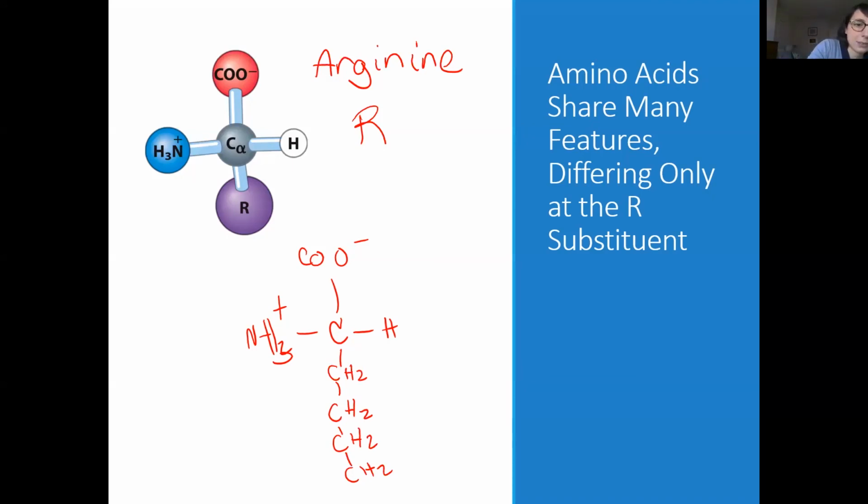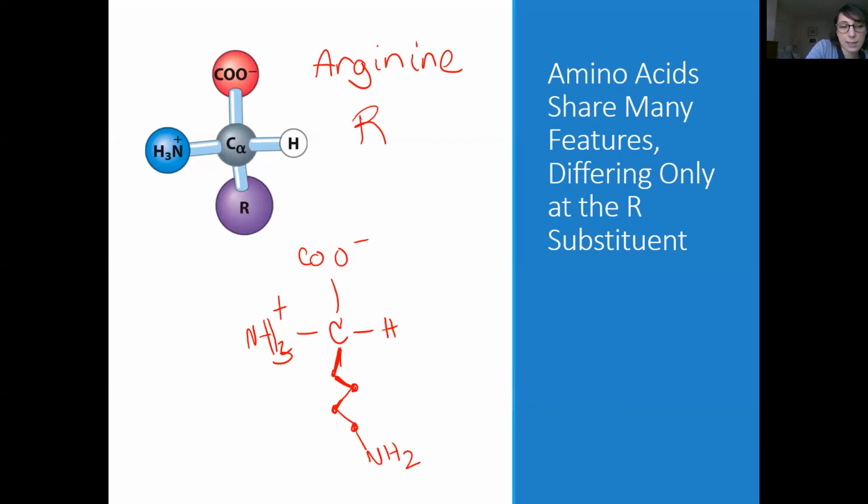And I'm going to actually rewrite this to give myself a little bit more room. And I'm going to write it in my bond stick form. So here's 1 carbon, 2 carbons, 3 carbons. Here's our 4th carbon. And this is attached to an NH2.